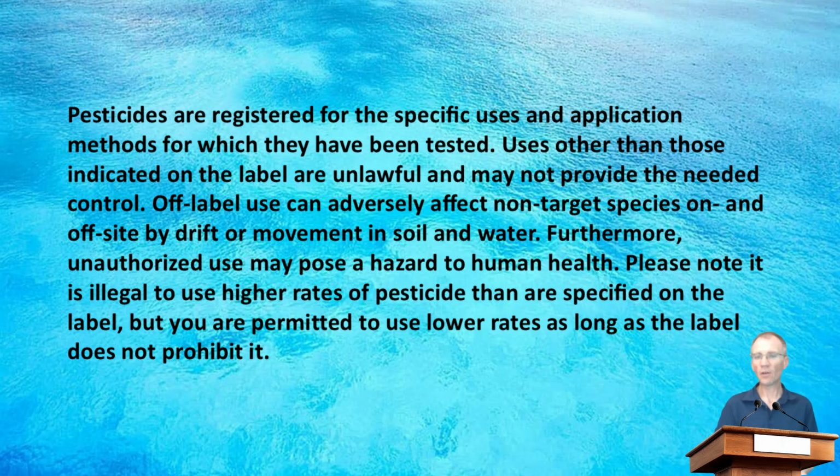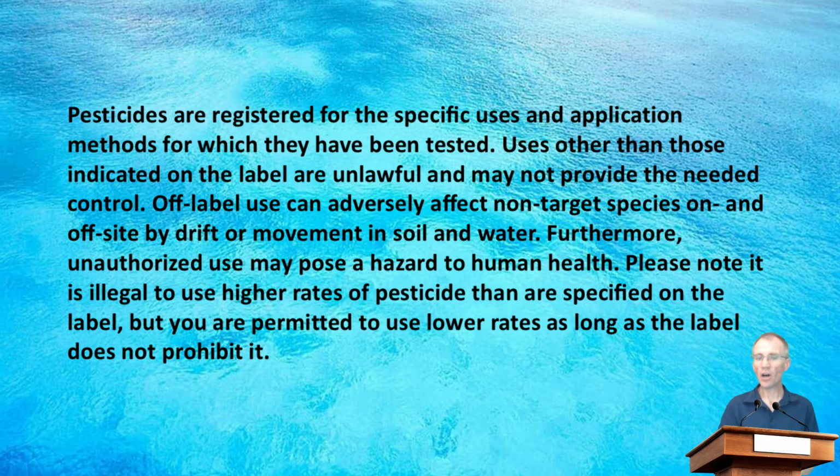Pesticides are registered for the specific uses and application methods for which they have been tested. Uses other than those indicated on the label are unlawful and may not provide the needed control. Off-label use can adversely affect non-target species on and off-site by drift or movement in soil and water.